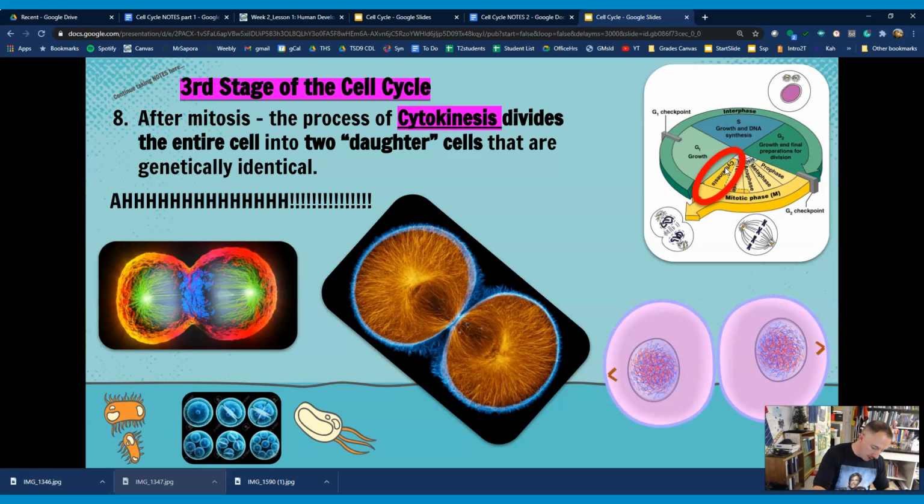Well, you put a line down the middle, and it starts to divide up even more, and then snaps in half, and now you've got two. No longer telophase, two cells. Now you've got cytokinesis. Cyto meaning cell, and kinesis meaning to divide or split, cut. And so now you've cut those in half, and now you've got two new cells.